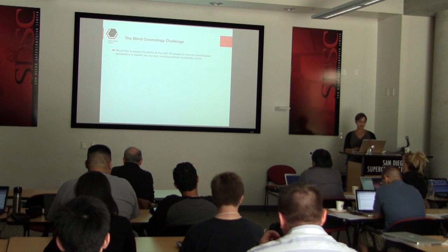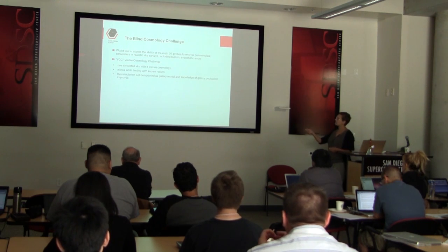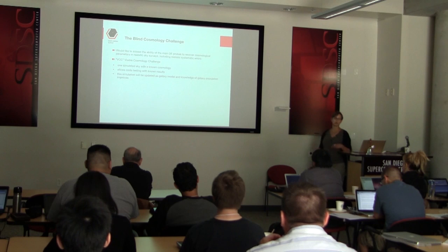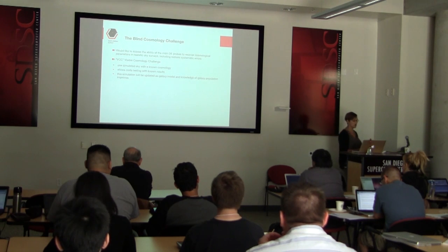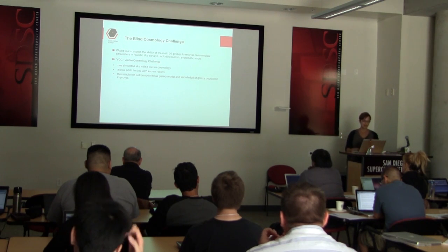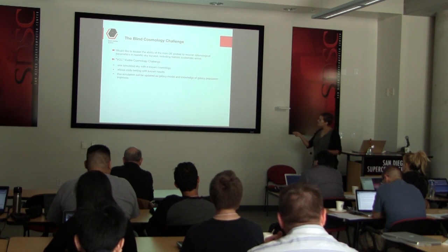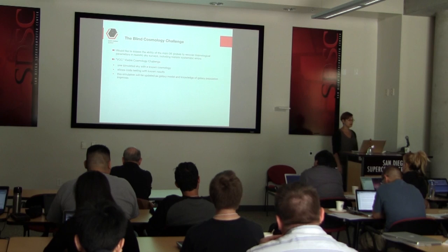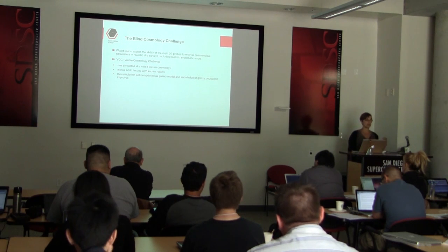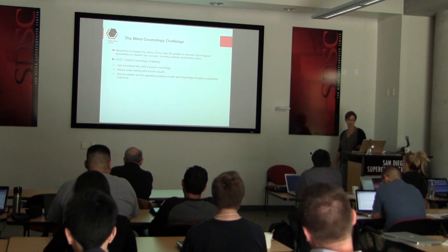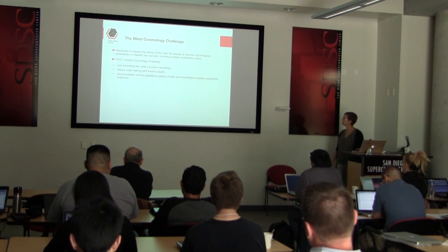So the first thing will be the visible cosmology challenge, where we give them one catalog with a known cosmology. This allows one to test your code, and if you get it wrong, you try to figure out why. We can continuously update the model for the galaxies as our knowledge of the actual galaxy population in the universe evolves.